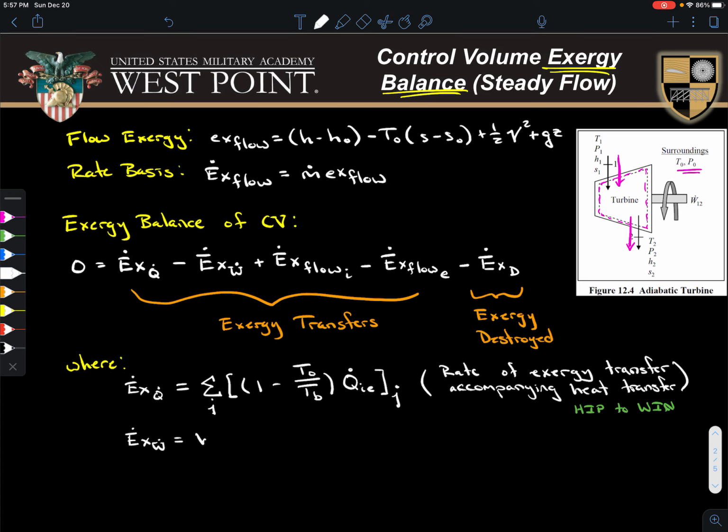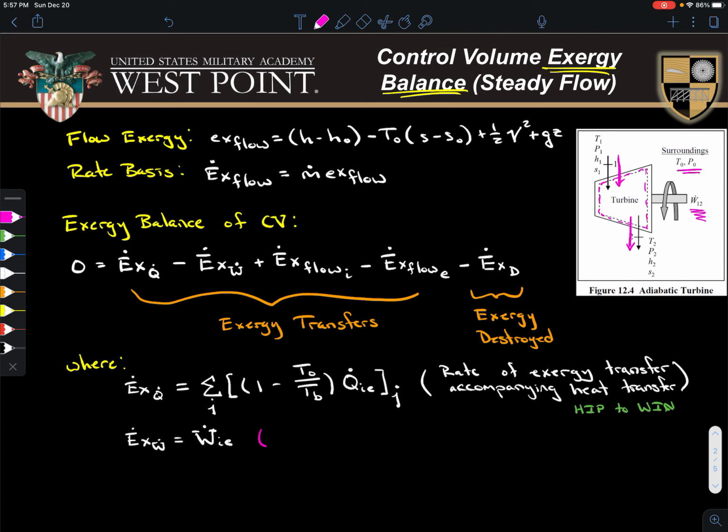So we have our work, and we're going to say work IE in this case. Now, if you were focused just on this turbine, as you see on the right-hand side, this is work 1,2. That's defining just the rate of work being produced by that turbine. So if you were looking at the rate of Exergy transfer accompanying shaft power for this turbine, then you could just focus on that work 1,2.